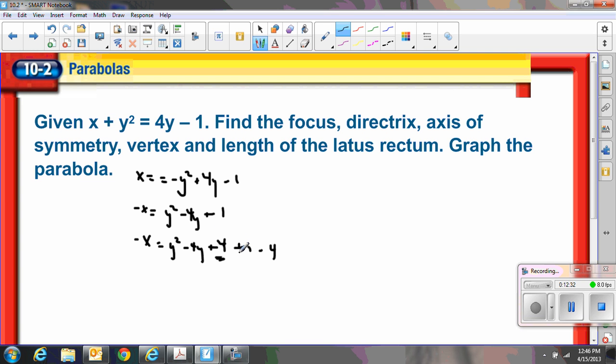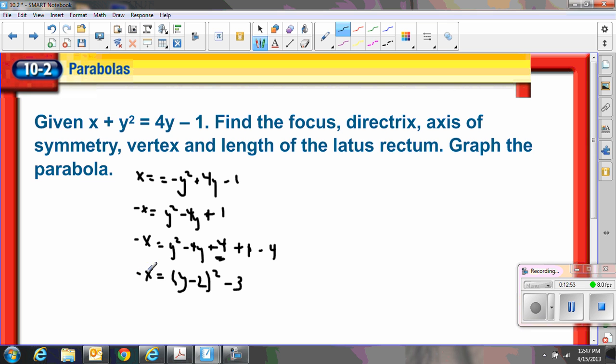Oops, sorry, that was a plus 1. Now, simplifying a little bit, this gives me a negative x equals factor y minus 2 squared, and the 1 minus 4 means a -3.